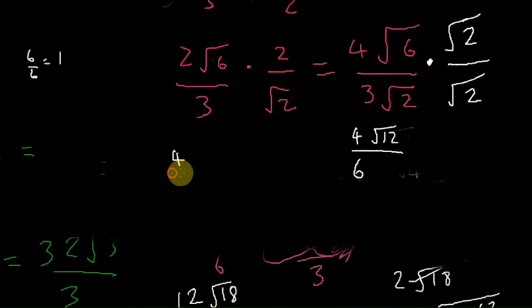So how would you go about doing this? You need to know a little bit about surds, what we can do with this 12. This is actually the same as 6 times 2. You can also do 4 times 3. So it's the same as 4 times 3, and you square root that.